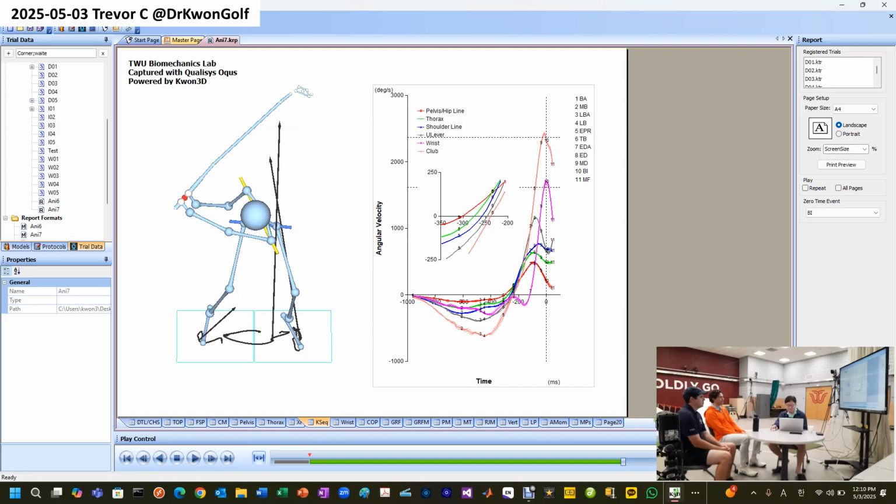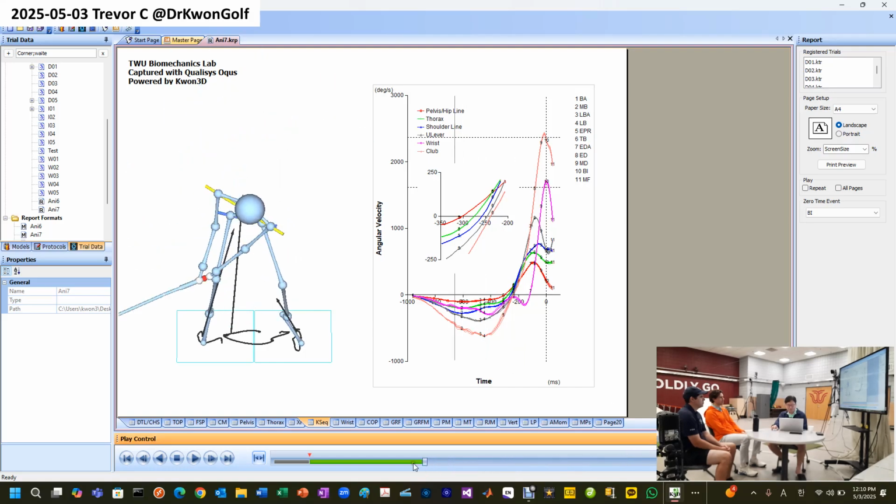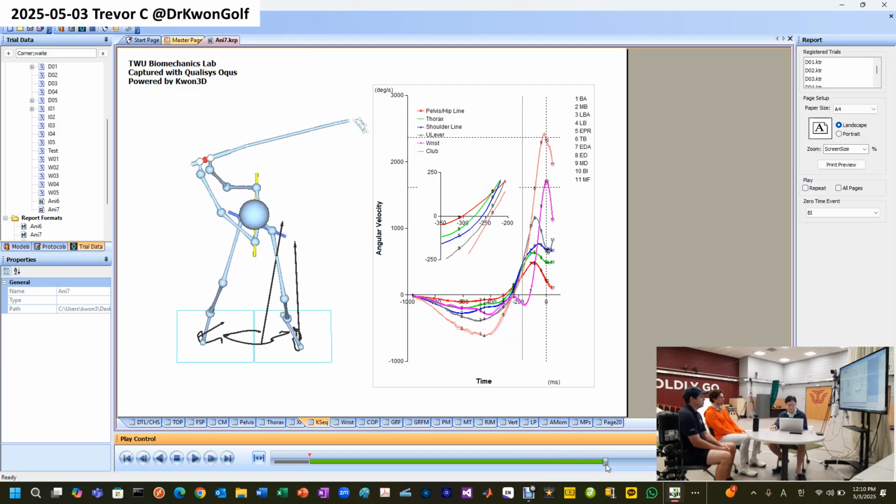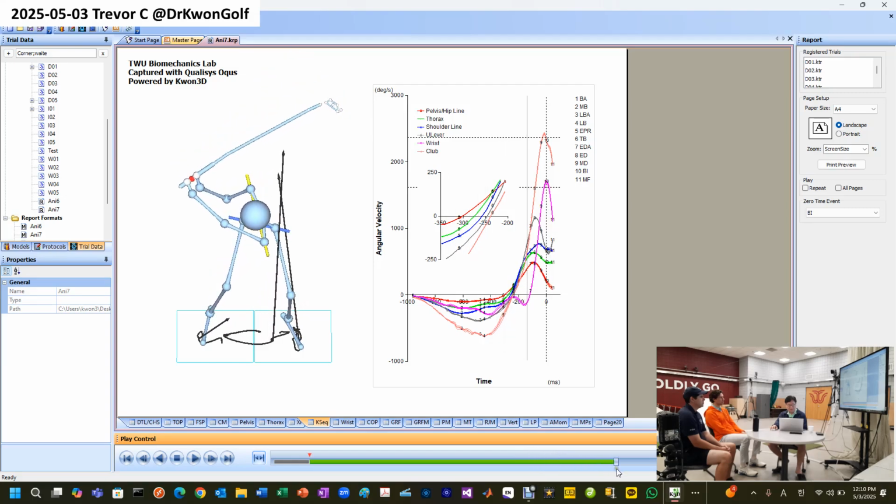So in the backswing, throw this here, and as he starts the downswing, the club almost stays stationary here, instead of this going up high here.